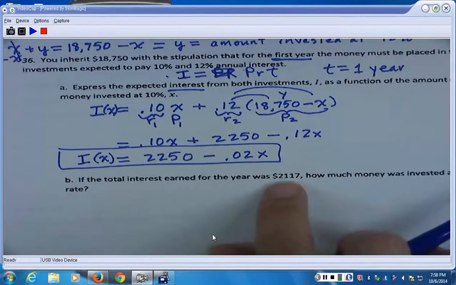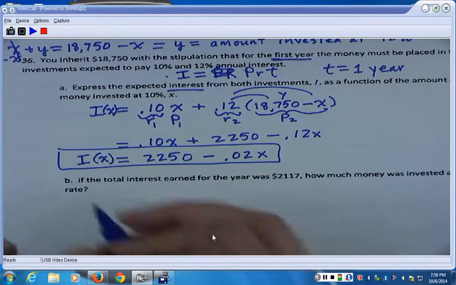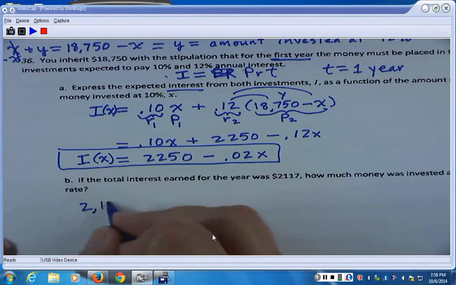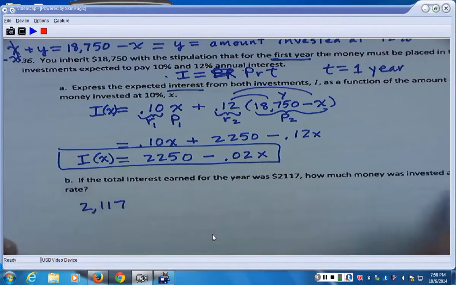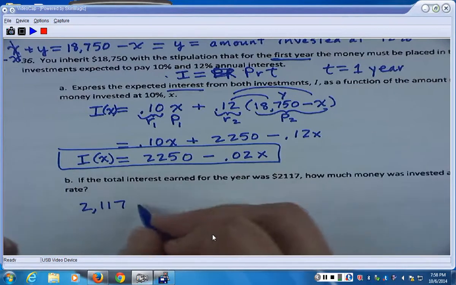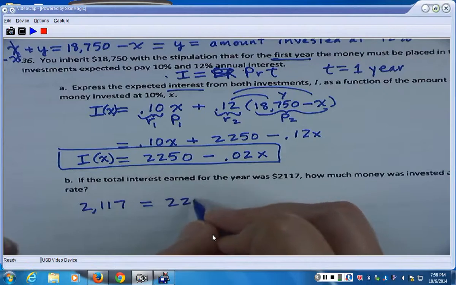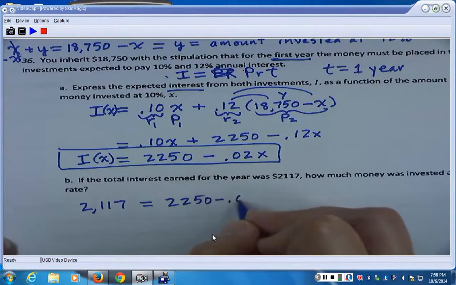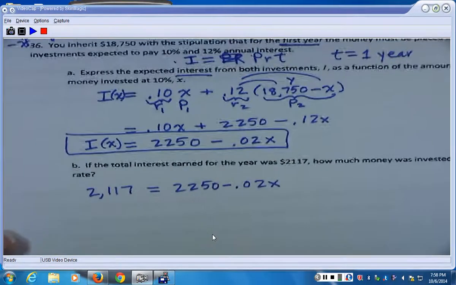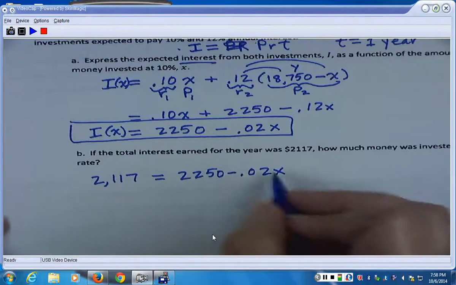Okay, if the total interest earned from the year was $2,117, how much money was invested at each rate? So we're going to solve for x. And I've got my x on this side.